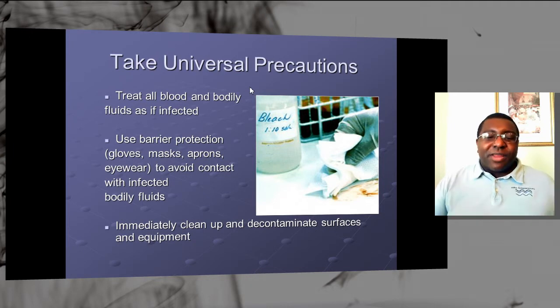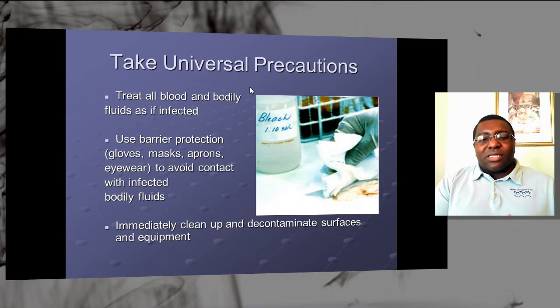And I have to protect myself by use of gloves, masks, aprons, eyewear, protective footwear, whatever you need to have a barrier between you and that blood or you and that bodily fluid. That's what you're going to use. And then immediately you clean it up and decontaminate the surface area.